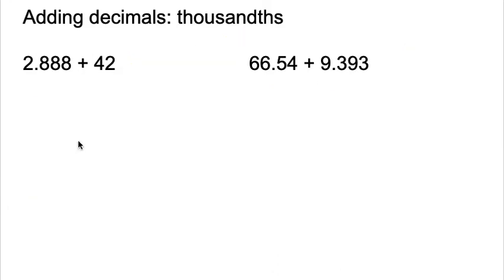Let's go ahead and do another example here. So we again start with 8 and 1. We can go ahead and put another 0 here to get the same place value.